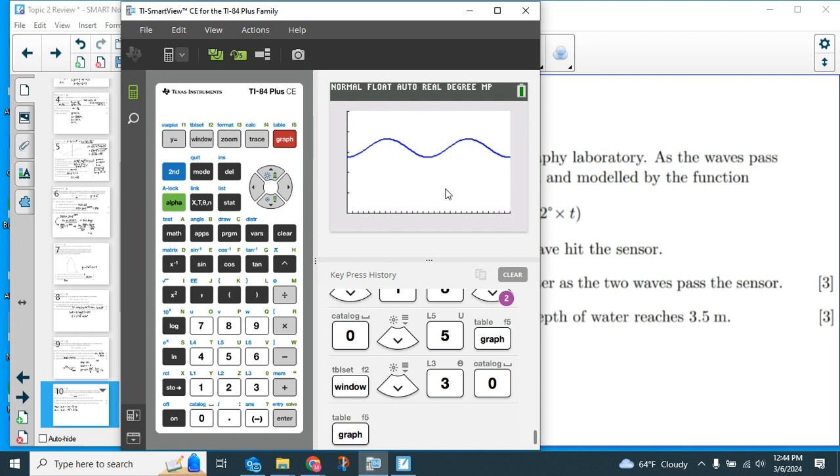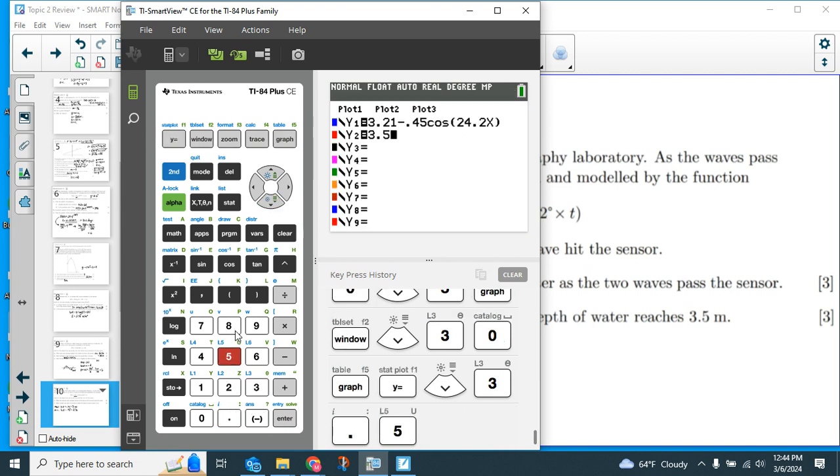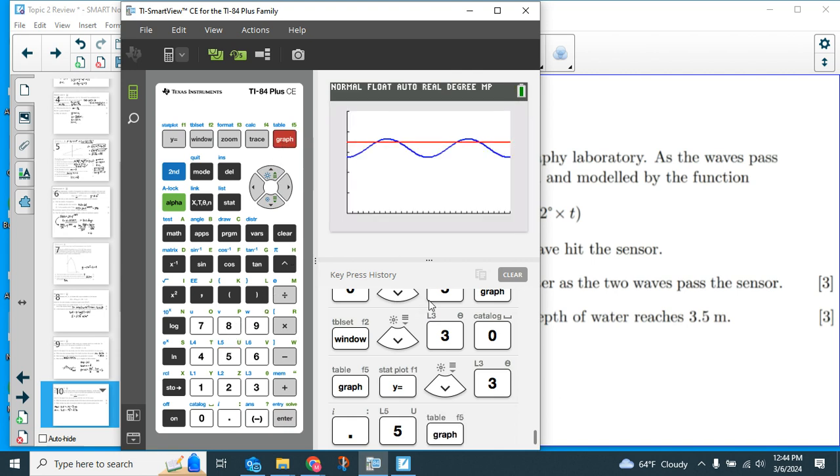Now we want to know when it reaches 3.5. Well, the easiest way to do that is to go to my y equals and literally just put 3.5. It will draw a nice horizontal line at 3.5. So these are all of the different times at which it's going to hit 3.5. Does that make sense?